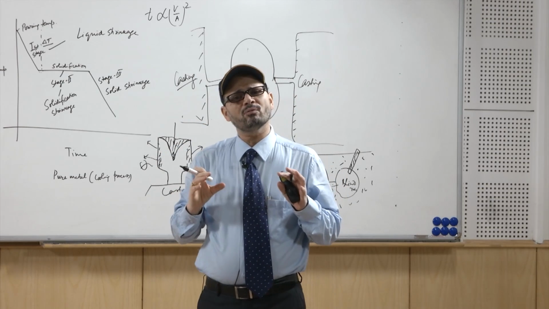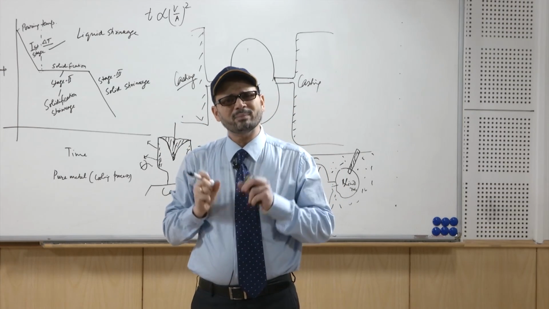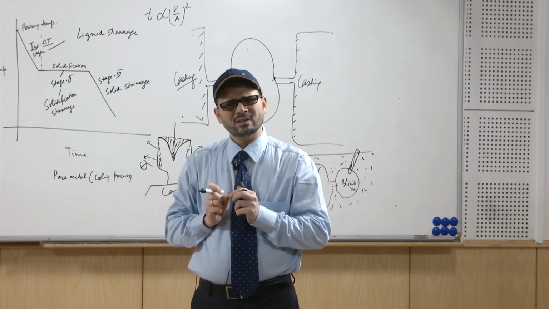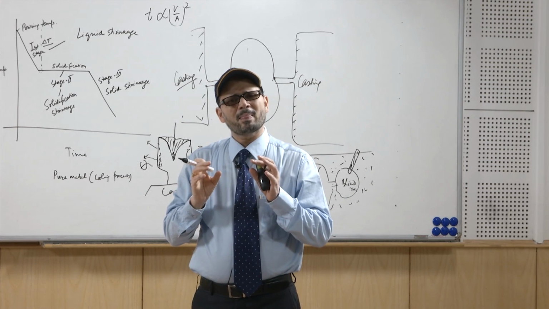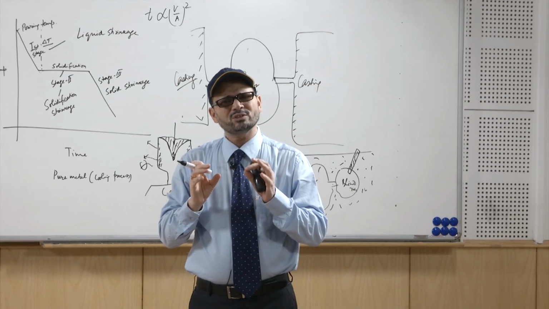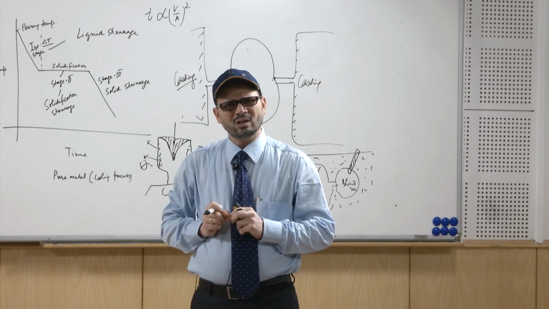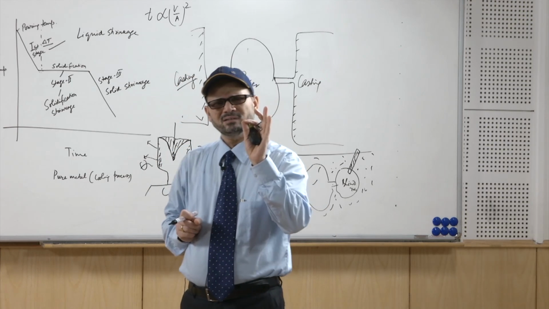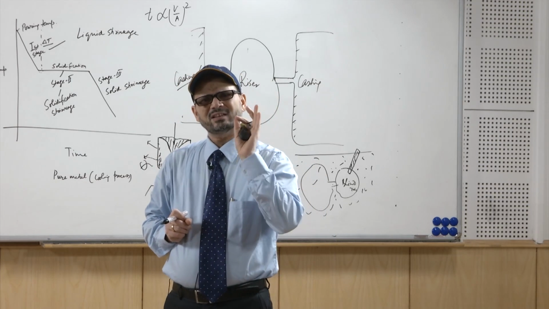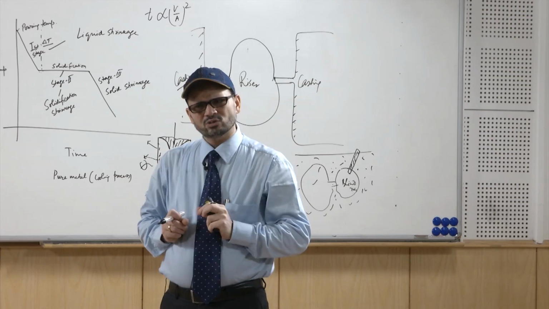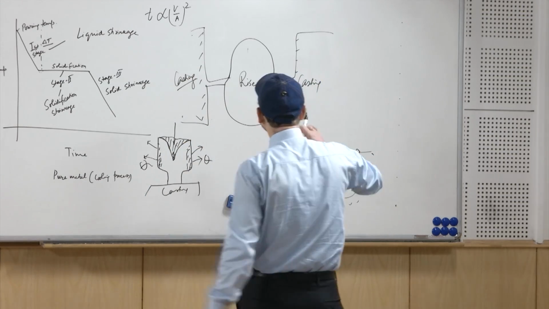For the same amount of volume of the liquid metal, you have different shapes, and the shape which has the maximum freezing time will be preferred as a riser shape. So, it has been seen that you have different shapes.